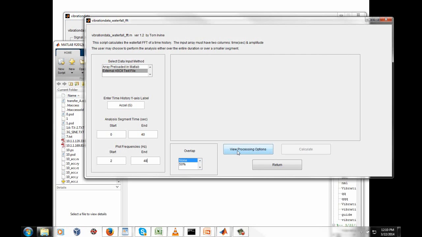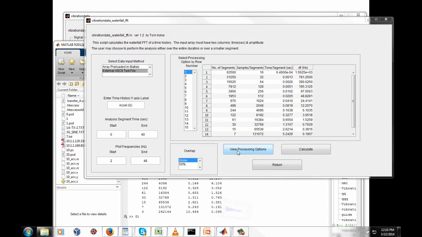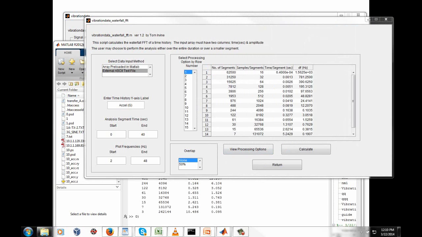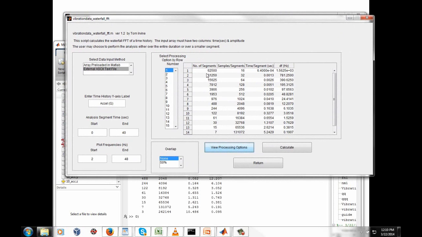And the next thing we have to do is consider how we want to process the data. So there's our time history again. Park it off to the side. We're going to have to subdivide our segment into smaller subsegments. And there's all sorts of ways we can process the data. Just to simplify this a bit, usually it's good to do an intermediate case.